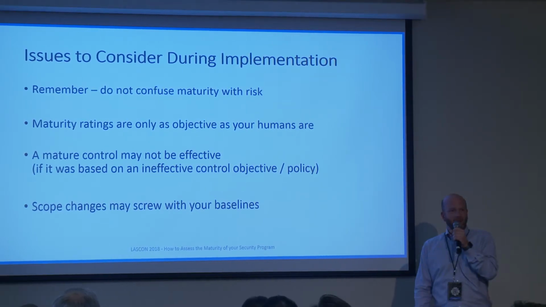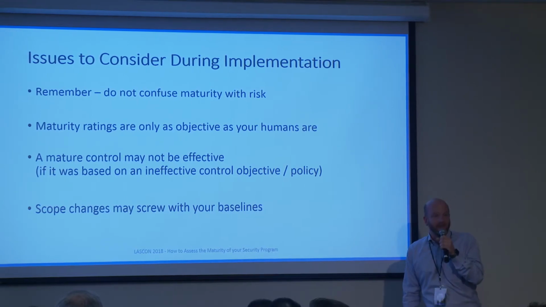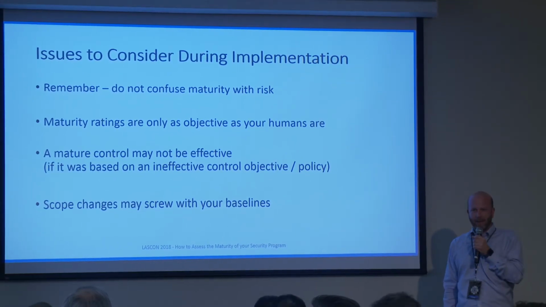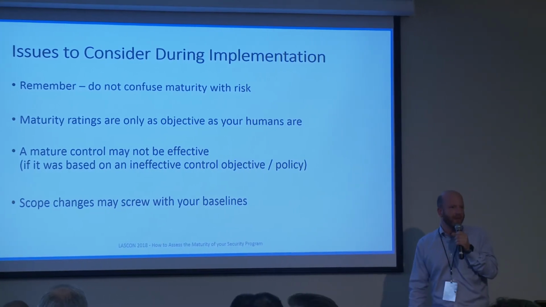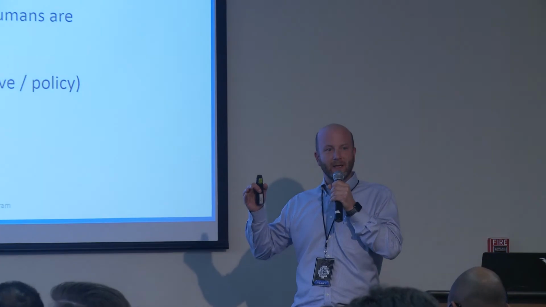And the last thing on here, sort of obvious, but maybe not: scope changes may screw with your baselines. If you add a completely new environment, maybe you acquire a company, and that environment is now subject to your security program, then it may be less or more mature than the previous environments you were managing.